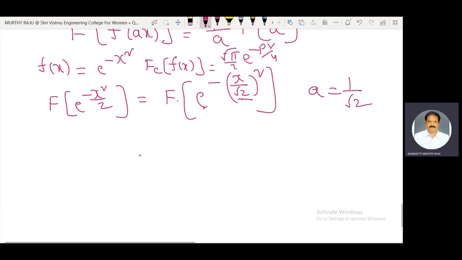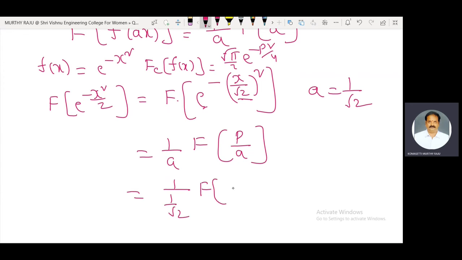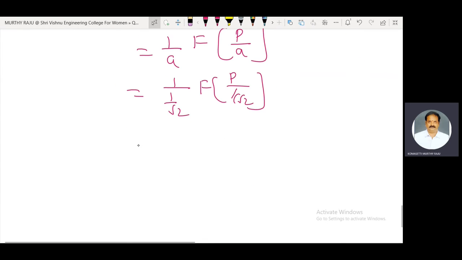The formula is 1 by a f of p by a, that is 1 by 1 by root 2, f of p by 1 by root 2. That is equal to root 2 into the Fourier transform at root 2 p.